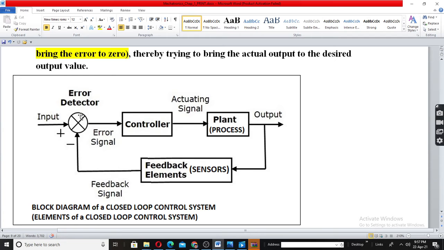This is usually an op amp. Sensors and feedback elements are there because the signal will be in some voltage that has to be converted into the required level of the op amp. If this is say 1 volt and the op amp operates at 15 volts, this 1 volt will have to be amplified to the maximum level in that 15-volt range.